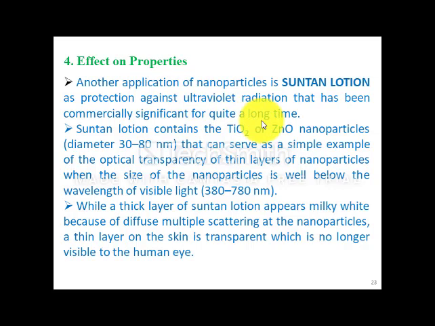The sunlight contains different kinds of radiation. It also contains ultraviolet radiation, which comes to our earth and affects our skin, so we need to protect ourselves from it.